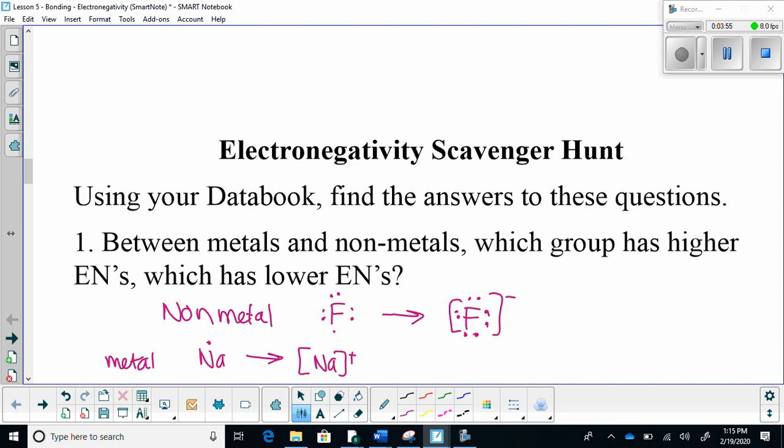They are more likely to attract electrons to their atom. Metals are more likely to give electrons away. Therefore, metals have lower electronegativity and nonmetals have higher electronegativities. Remember, electronegativity is the ability to attract electrons.